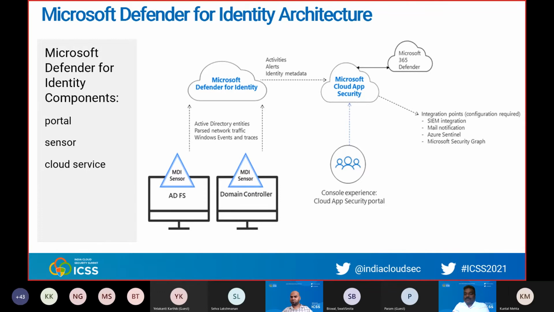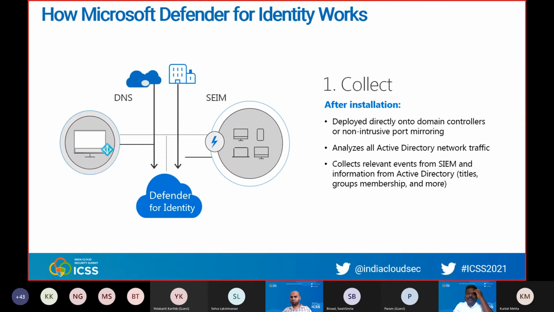And moving on to how it works is most important. Once we have all the prerequisites, once we have Microsoft Defender for Identity configured and the sensor installed, the sensor starts collecting the data.